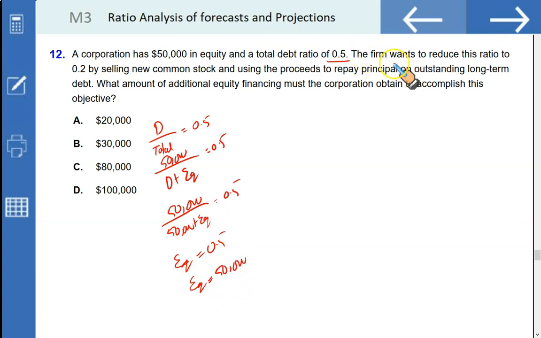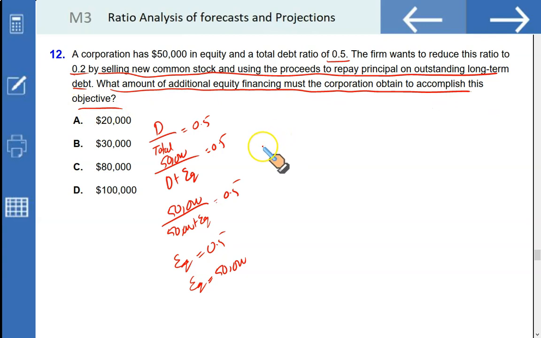Now the firm wants to reduce this ratio to 0.2 by selling new common stock and using the proceeds to repay principal on outstanding long-term debt. What amount of additional equity financing must the corporation obtain to accomplish this objective? Now remember, the new equity we issue, whatever the amount is, is going to reduce your debt by the same amount.